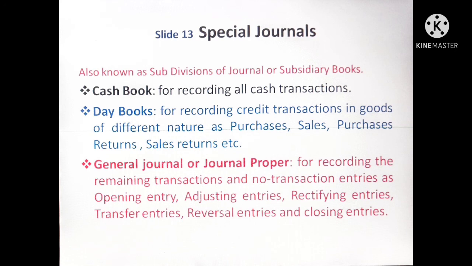We know about opening entry. Opening entry is passed not because of any transaction. It is passed just for bringing forward the balances of accounts from the previous period's books to the current period's books. We will study about different special journals in our further lectures.